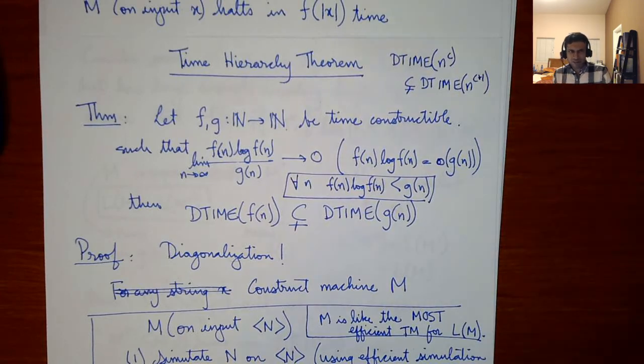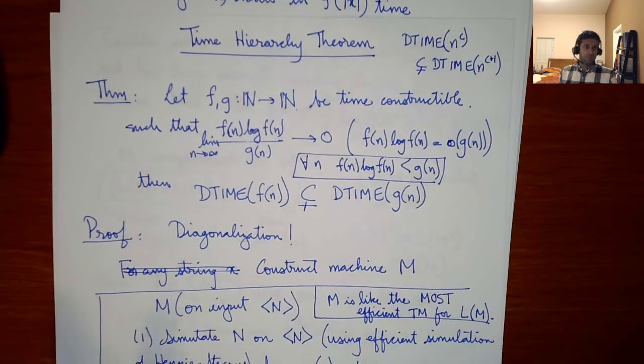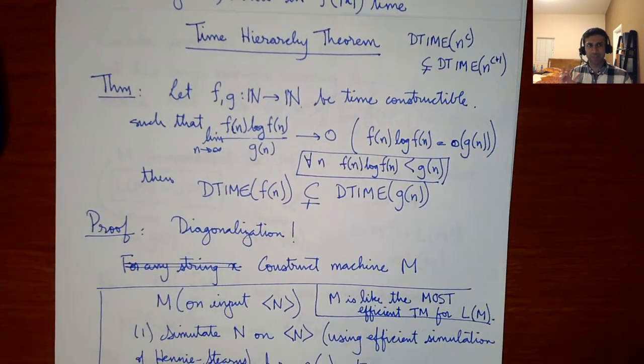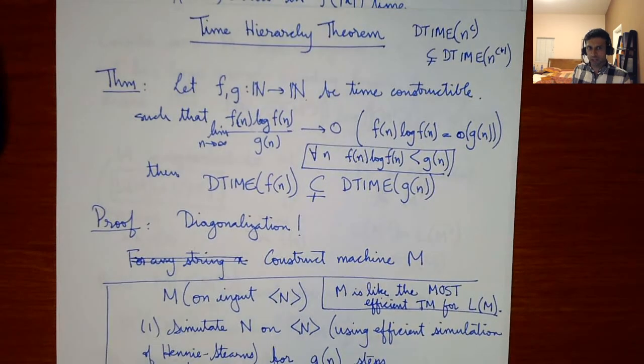Then I believe that there are, I should be careful saying this when this is being recorded. I'm not entirely sure. I do think that there are certain game type languages that can be defined which are more natural, which don't use diagonalization, where for specific settings of this form you can actually show some kind of separation.